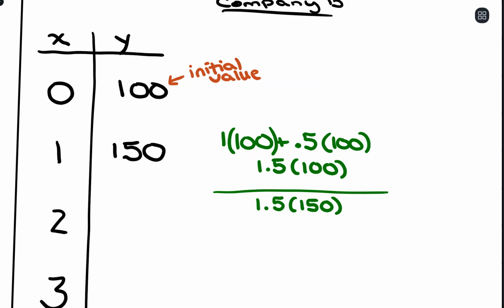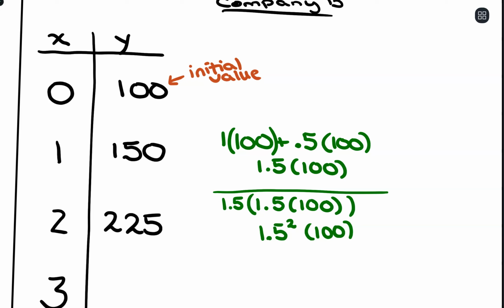Or, how I could also write that is, that 150 came from 1.5 times 100, and now we're taking 1.5 of that 1.5 times 100. So really I have 1.5 squared times 100. This is going to get us to our exponential piece. So 150 plus half of 150 is 225.